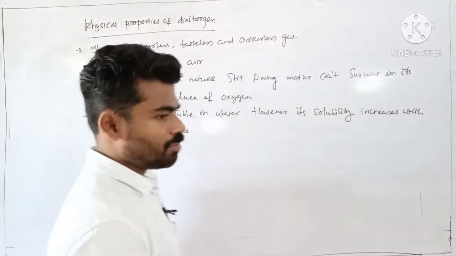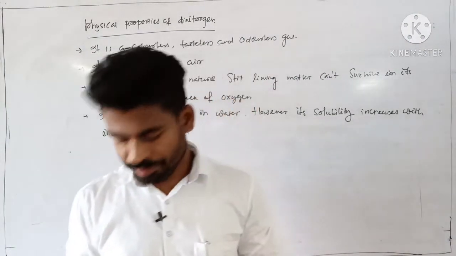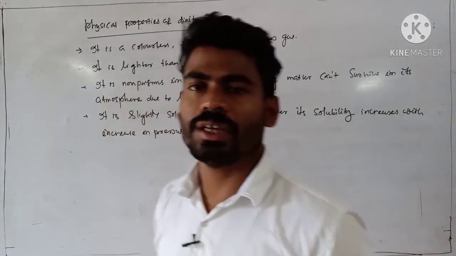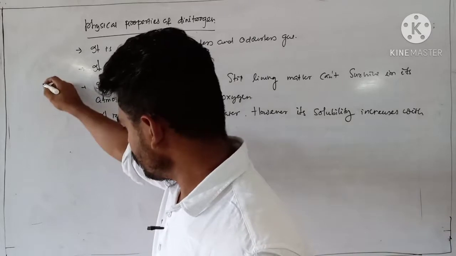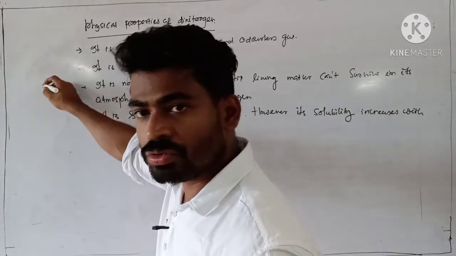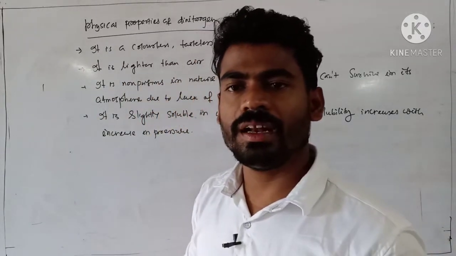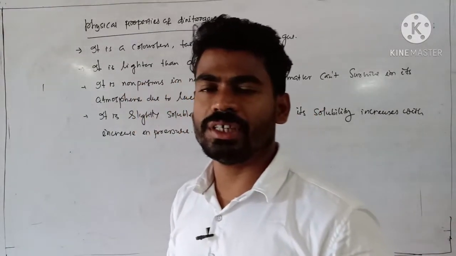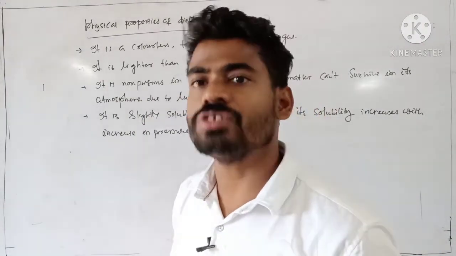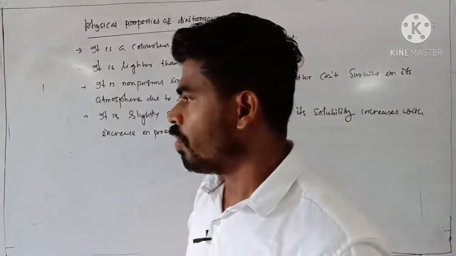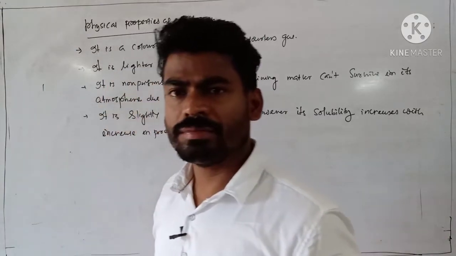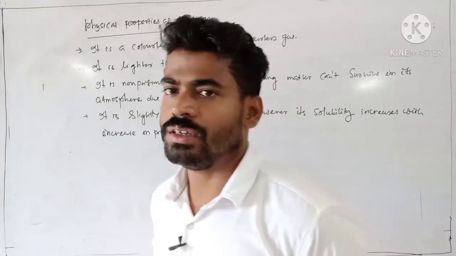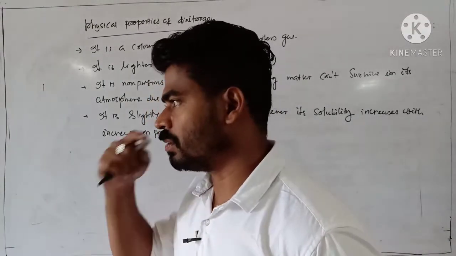That's why sea divers generally use a mixture of oxygen and helium. Do you know why? Whenever sea divers enter the depth of water, pressure increases, so the solubility of nitrogen in the blood also increases. Whenever they come back from the deep water, the pressure gradually decreases and the solubility of dinitrogen also decreases.